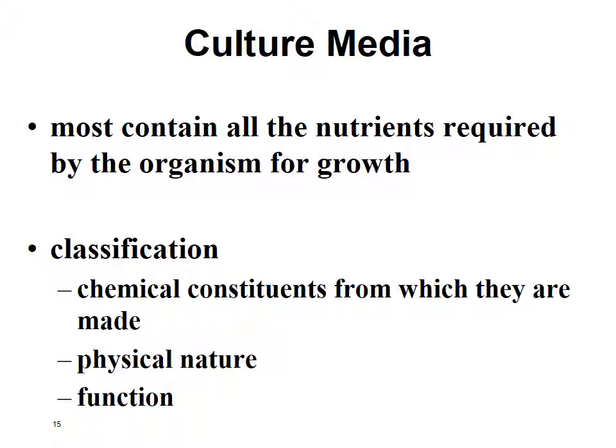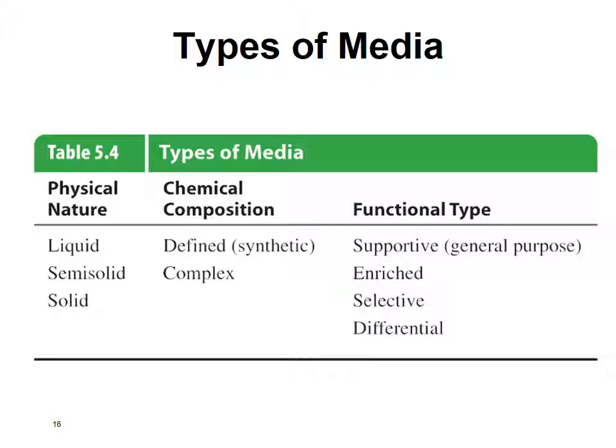Culture media are classified often on the basis of several parameters. One, the chemical constituents from which they're made, their physical nature and their function. So here we have the types of media defined by these three parameters.